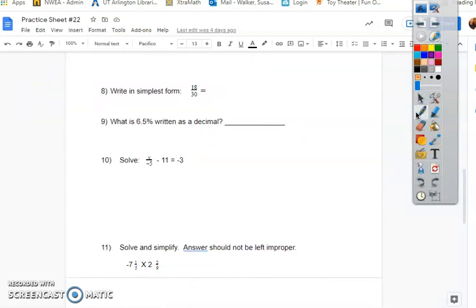Number 8, this is simplify. You're going to do this one by yourself, but I'll just get you started. What I will tell you is if this was an inequality problem, I would flip the symbol. But this is an equation, so we don't flip anything. I could tell because I would be multiplying both sides by -5.